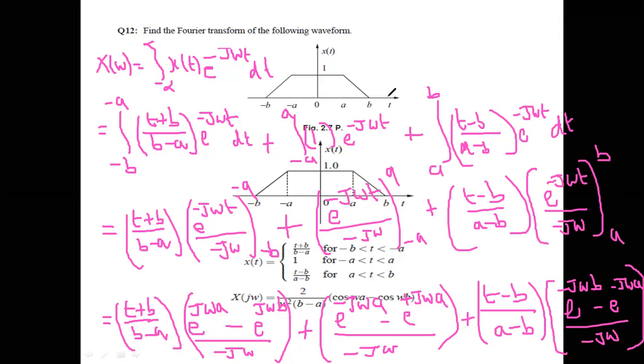And in the last term it is multiplied with (t − b)/(a − b). Okay.